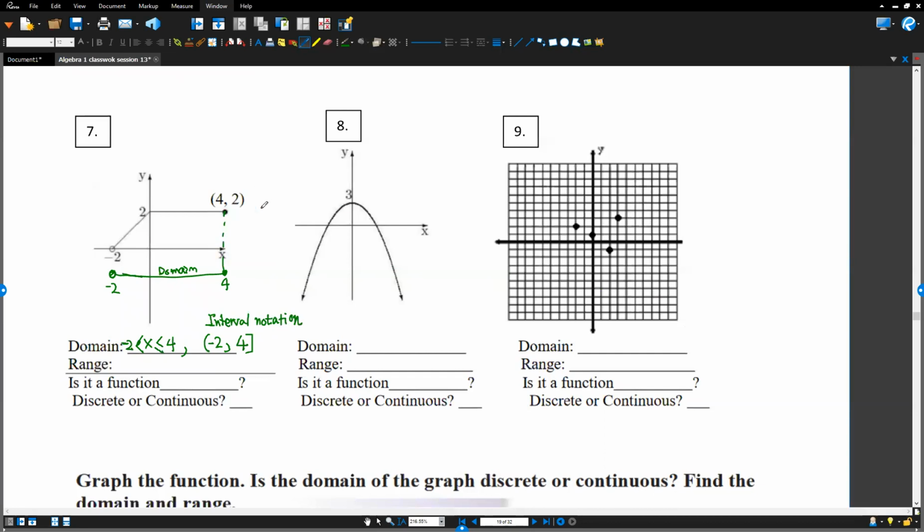What about the range, the value of y? We start from here, not including, up to here. That's it, that's the range. This is the domain. This is the range. Okay?